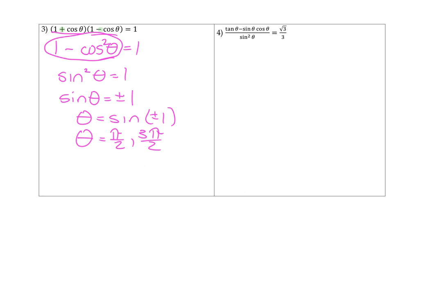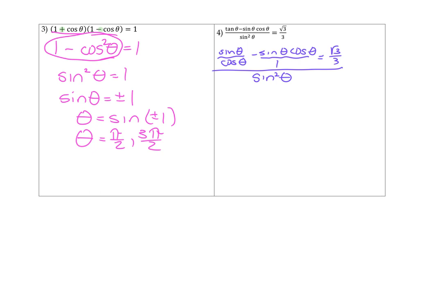Okay, so now this fourth one, we have a tan. So I'm going to rewrite tan as sine theta over cosine theta minus sine theta cosine theta. Remember, this is over 1. And now I've got to get a common denominator, because the whole thing here, I forgot to write, is over sine squared theta. Now this top I've got to put as one fraction, and the common denominator is cosine.